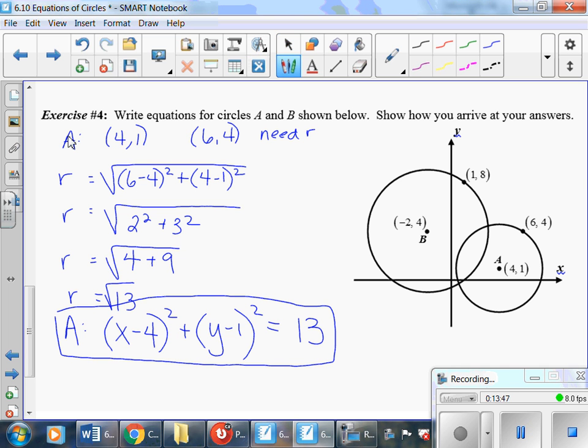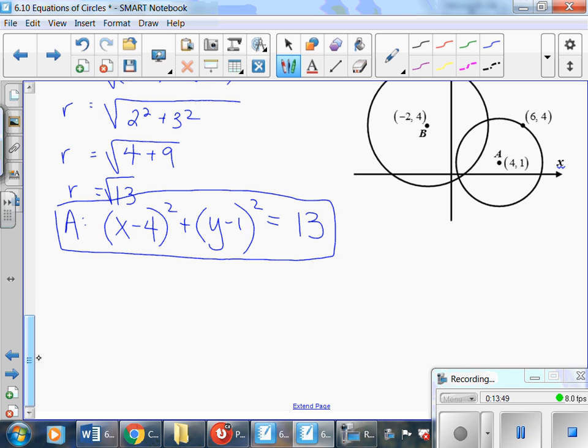Now let's take a look at B and do that the same way. For B, I know my center is (-2, 4), and one of the points on this circle is (1, 8). I'm going to do the same thing.